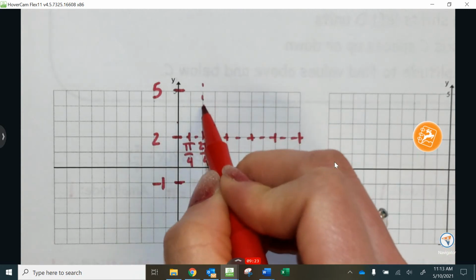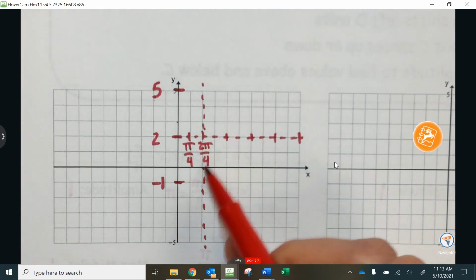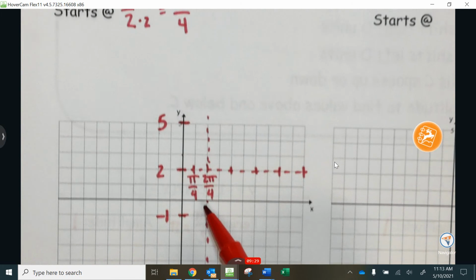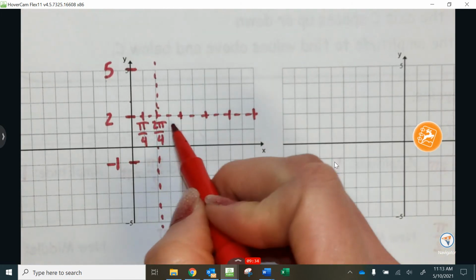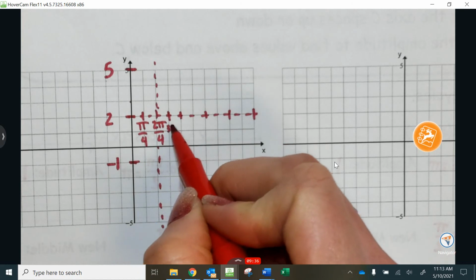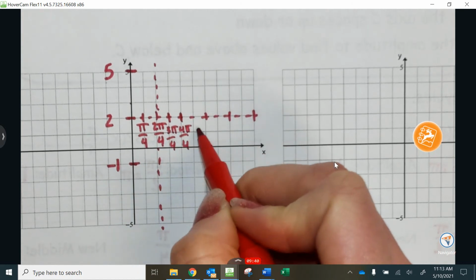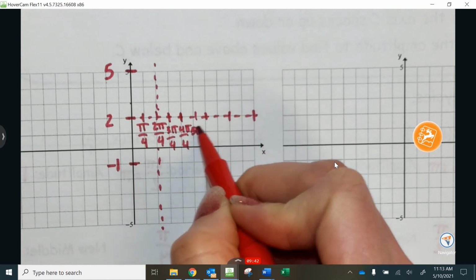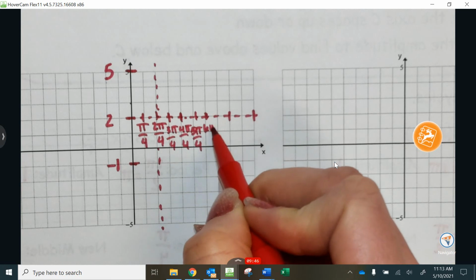So this is now my new starting point, 2 pi over 4, and now my scale is pi over 4, so I go pi over 4 after that. So that's 3 pi over 4, 4 pi over 4, 5 pi over 4, and then 6 pi over 4.